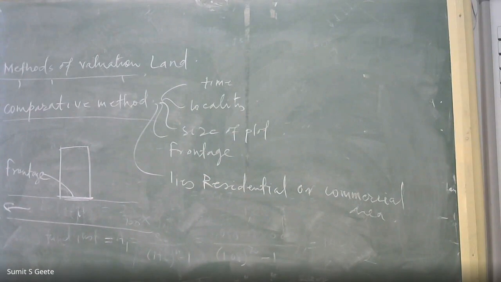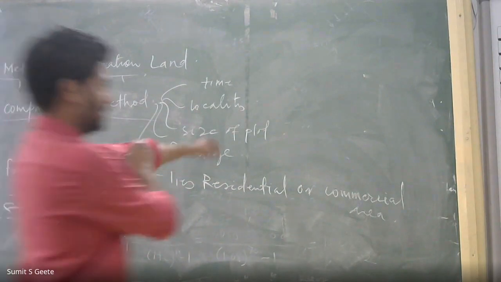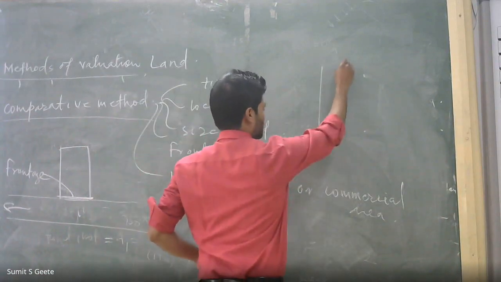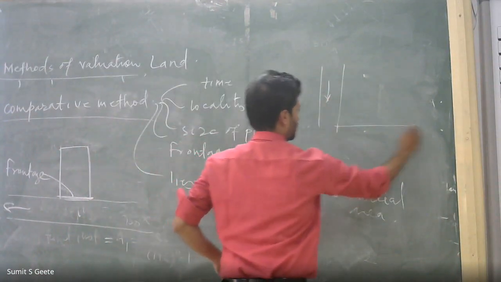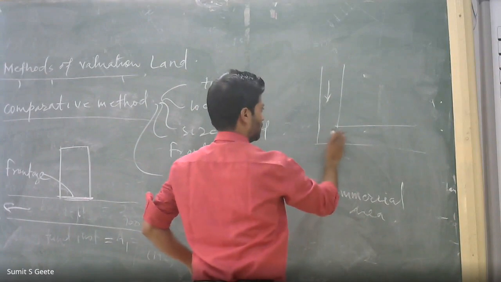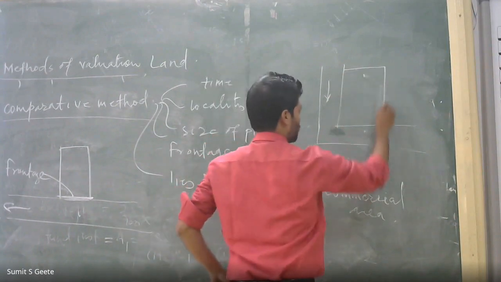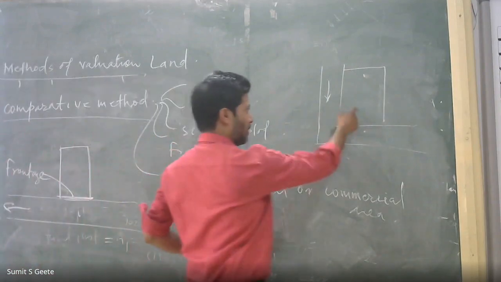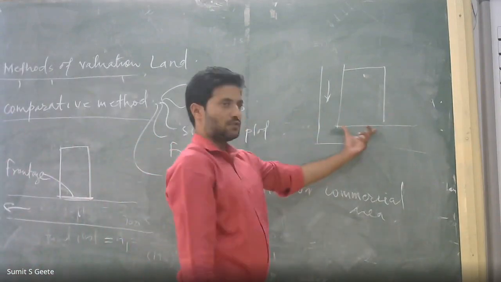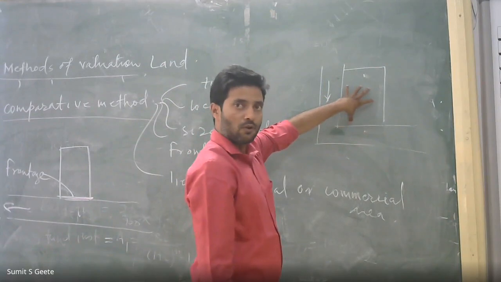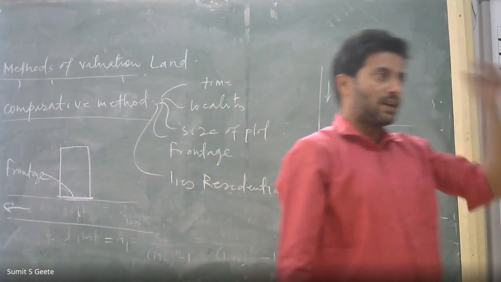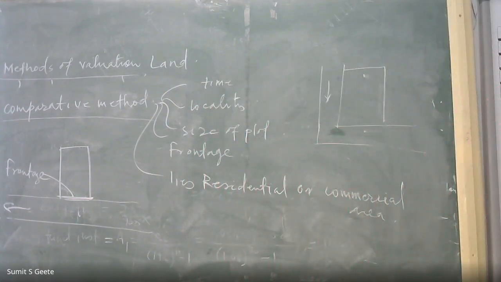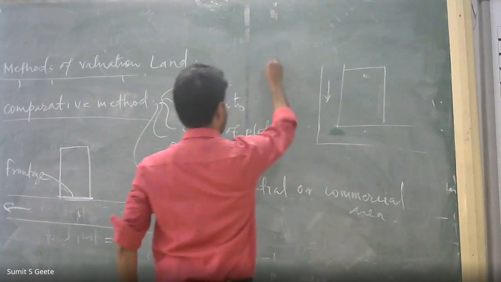One more aspect is called return frontage. Suppose this is the road, this is another road, and you have this corner plot. As this plot has two frontages, this one is the first and this one is the second, this plot is said to have return frontage.